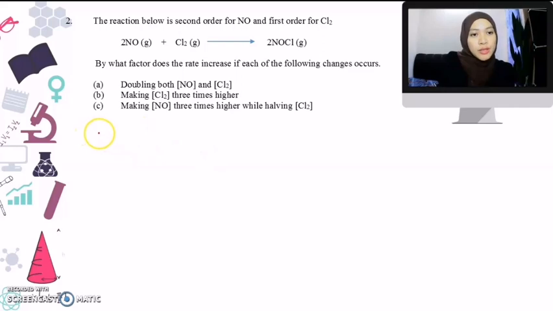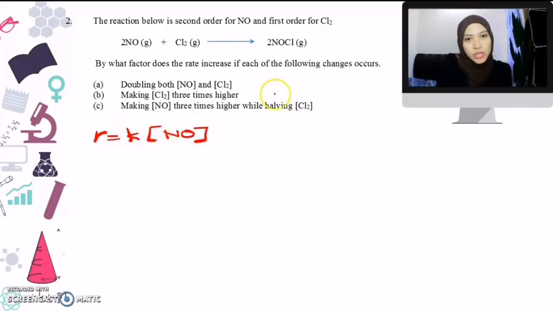So for the rate law here, we have R equal to K concentration of NO to the power of 2, as it is stated that it is second order with respect to NO, and Cl2 to the power of 1, as it is stated as first order for Cl2.